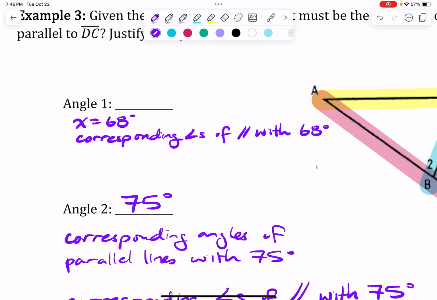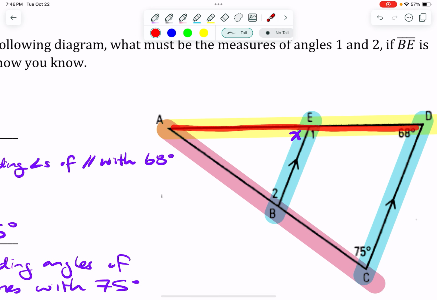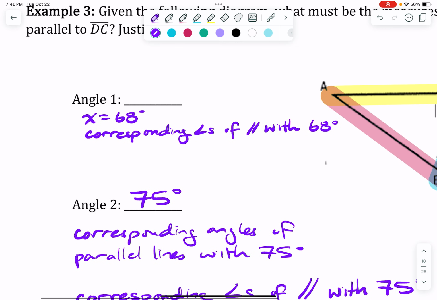And knowing that X is 68 degrees equips me to find angle 1 because that lies along a straight line. That transversal is basically a 180 degree angle. So X and angle 1 must be supplementary. So I do a bit of subtraction. 180 degrees minus X, so 180 degrees minus 68 degrees gives us angle 1, which is 112 degrees.